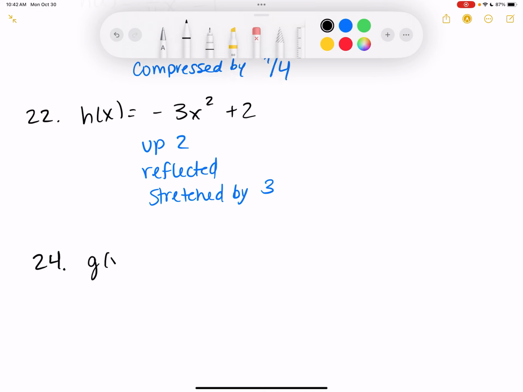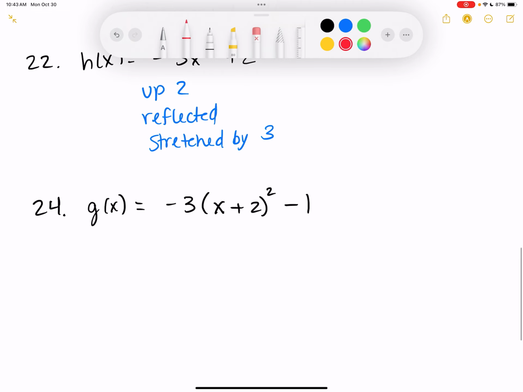G of x is equal to -3 times x plus 2 squared minus 1. And so I'm trying to find the vertex and the axis of symmetry. So let me find where that was in your notes. Yes, it is.